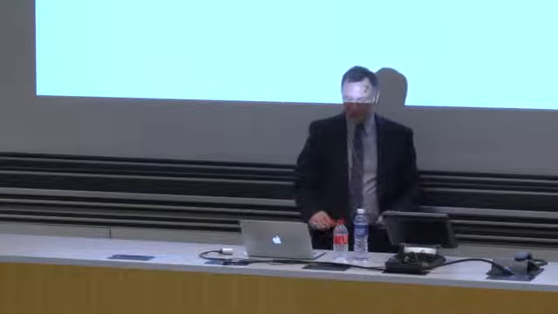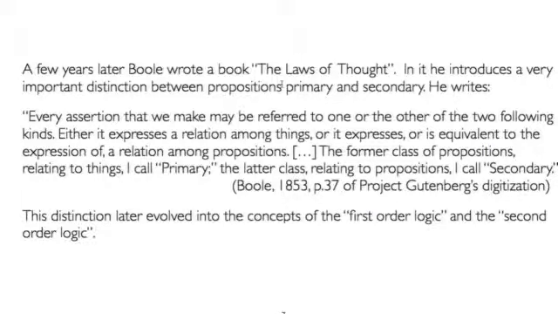So a few years later, Boole wrote a book which is called The Laws of Thought. It is quite remarkable. So this original paper, The Mathematical Analysis of Logic, is probably like 60 pages, and it's really easy to read through. This Laws of Thought is a book of like 350 pages, and it's very difficult to read from my point of view.